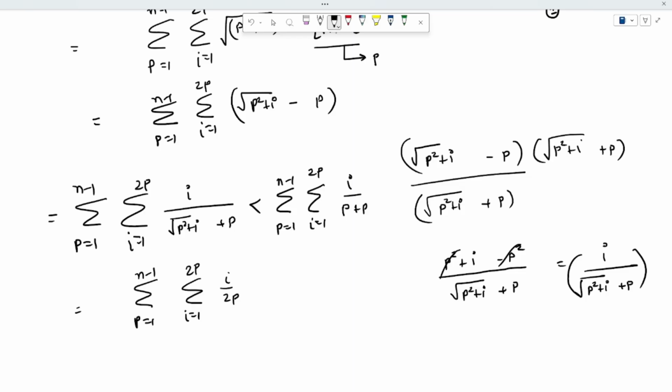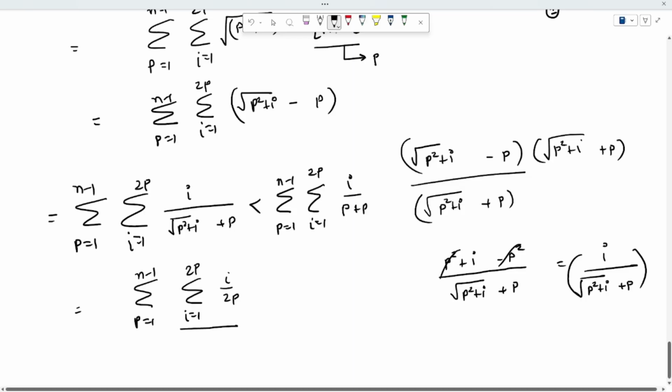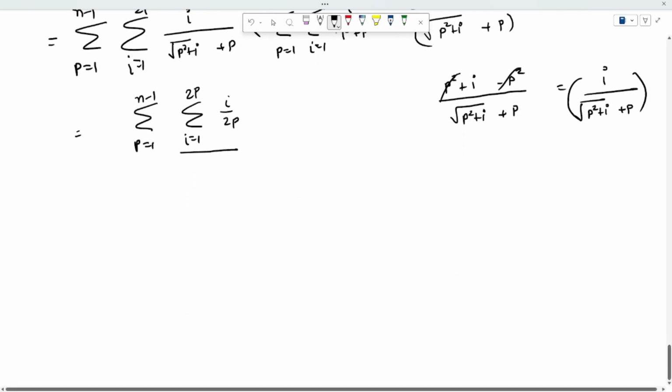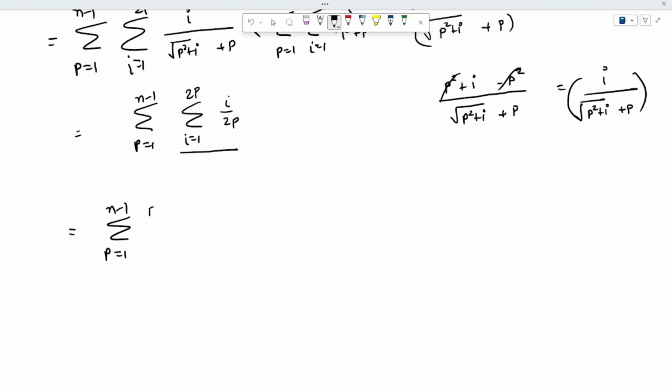So for the first summation, p is constant. First we evaluate the first expression, 1 by 2p times the summation of i from 1 to 2p. Now we know the summation of the first n integers is n times n plus 1 divided by 2.